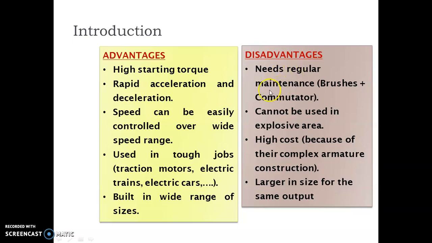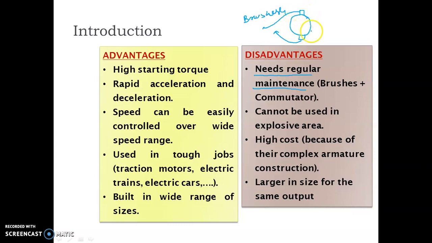A disadvantage is regular maintenance. This is a very crucial disadvantage of DC machines: regular maintenance of brushes plus commutator when the machine is run. Suppose I draw the diagram for a DC machine, these are the carbon brushes.